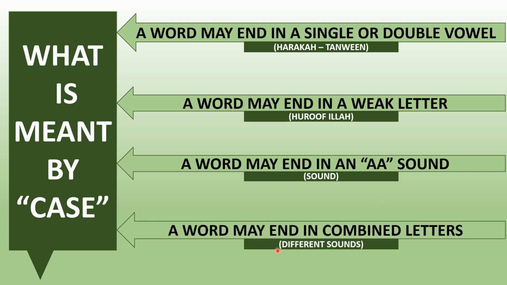And lastly, a word may end in combined letters, which gives different sounds, ani, aini, una, ina, and so forth. So when you take any Arabic word and you see it ending in these different ways, the way it's ending is what we now refer to as the case or the halat of that particular word.